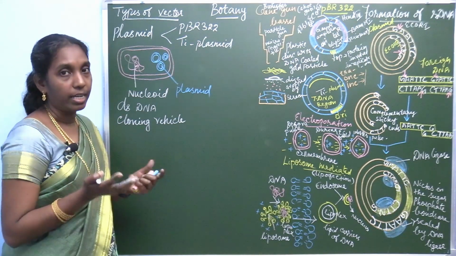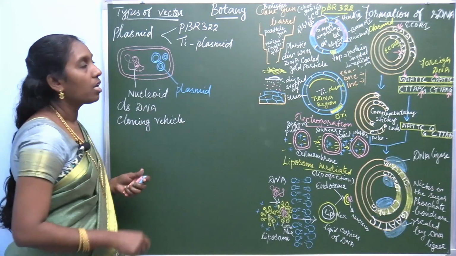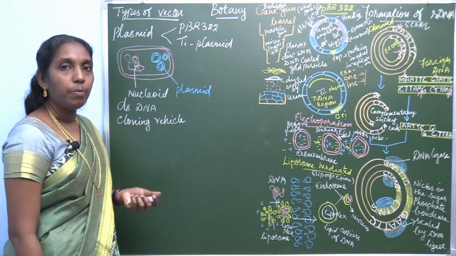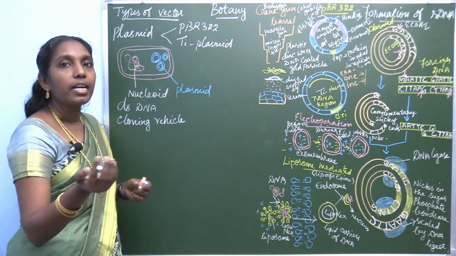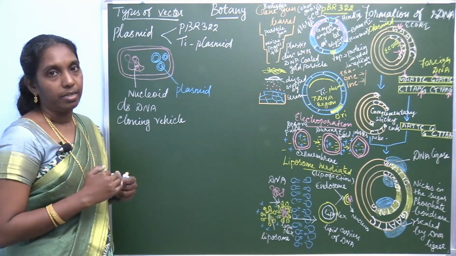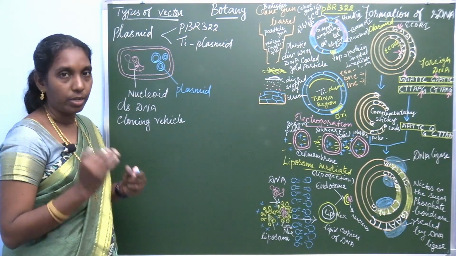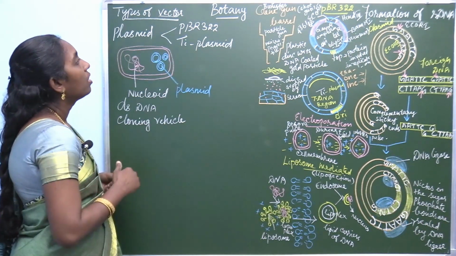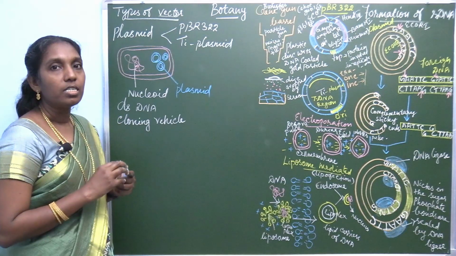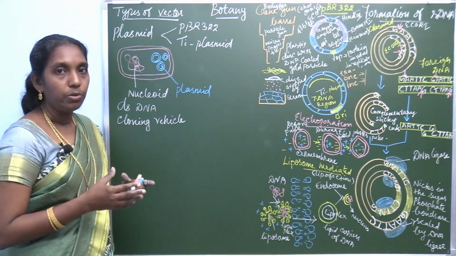Types of vectors. So, this PBr322 is a reconstructed plasmid. This plasmid is widely used.